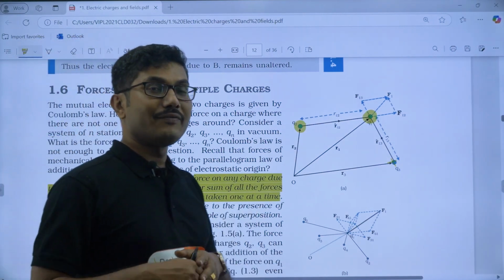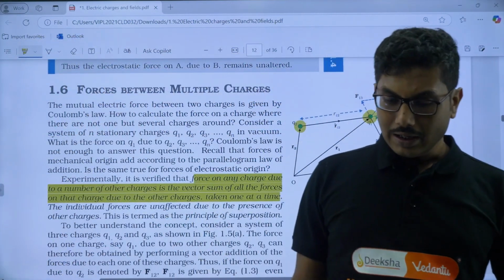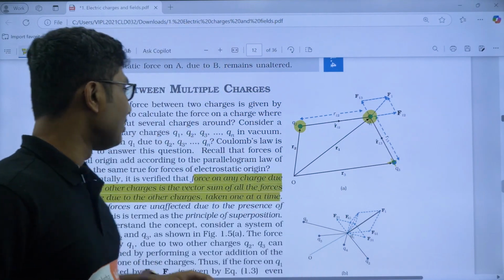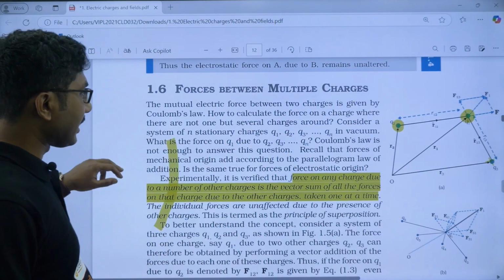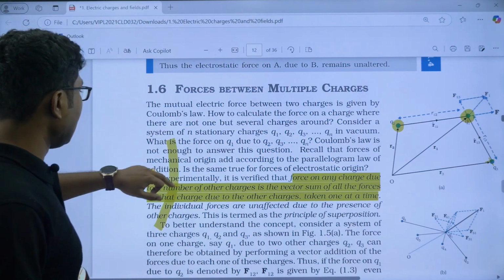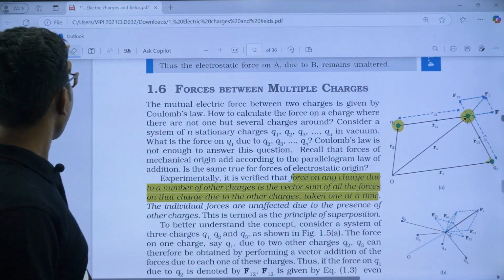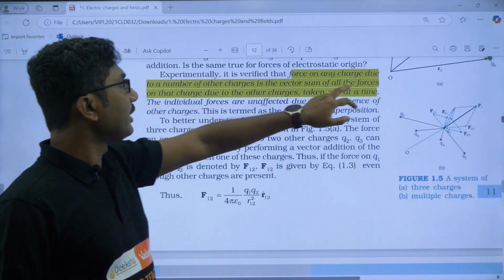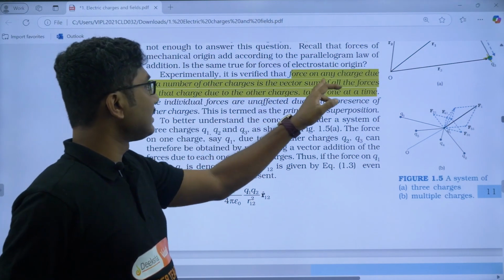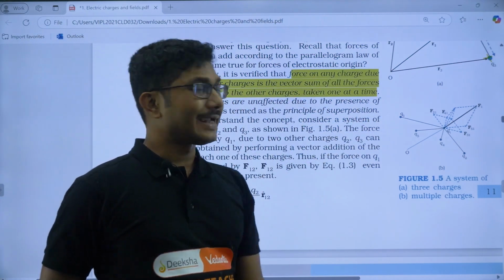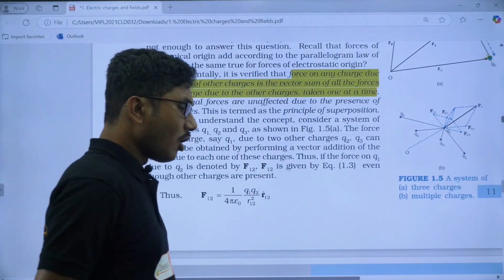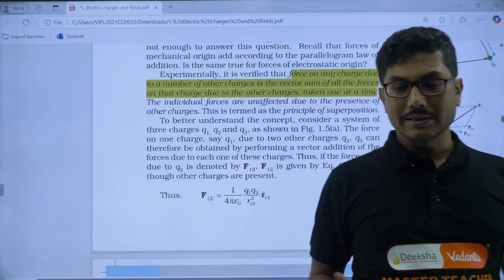So we have to calculate the vector sum. Remember that the vector sum is important. The force on any charge due to a number of other charges is the vector sum of all the forces on the charge due to the other charges taken one at a time. You cannot take all the charges simultaneously.